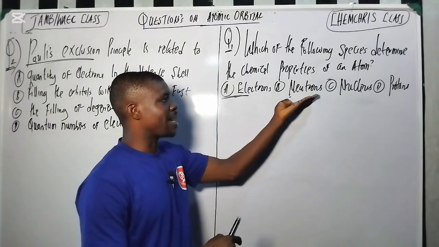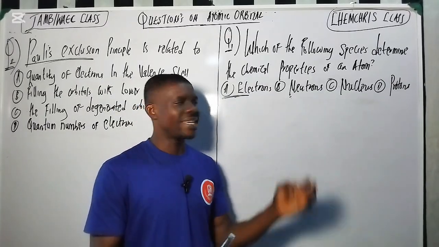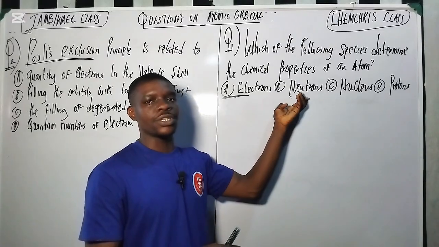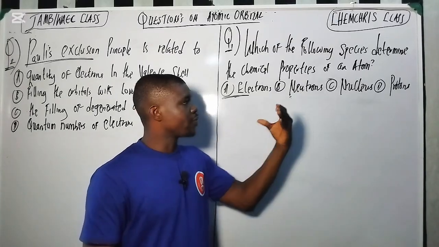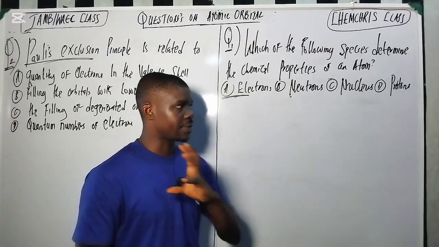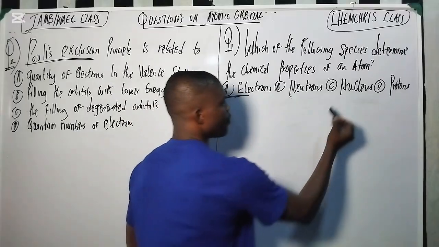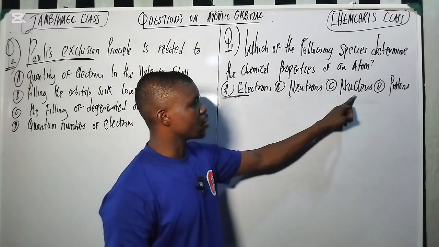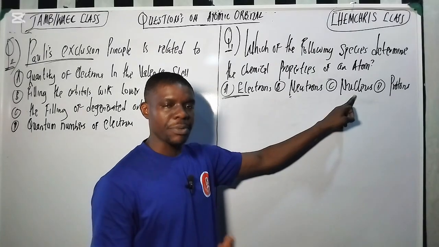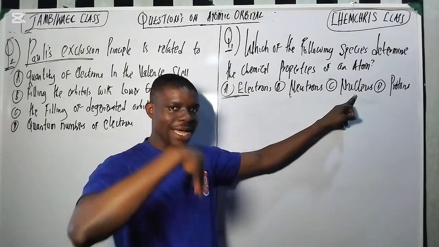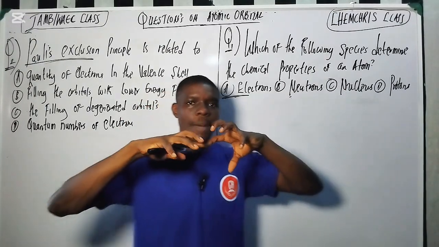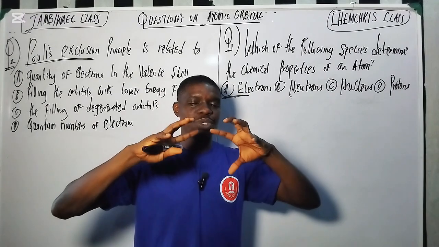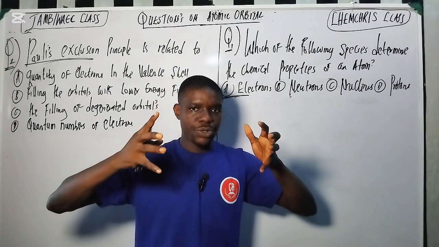It also tells about the isotopy, right? It also affects the isotopy of the atom. You are going to look at that. Now, for C, nucleus. Nucleus doesn't have any effect because the nucleus is buried down inside the atom. So now we talk about the part which the atom uses in chemical bonding.